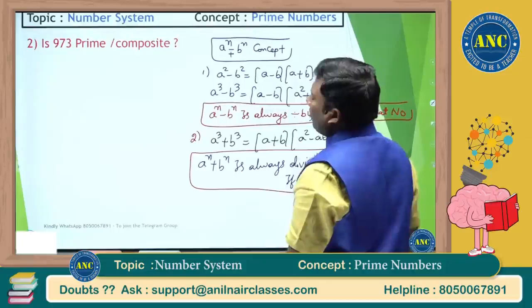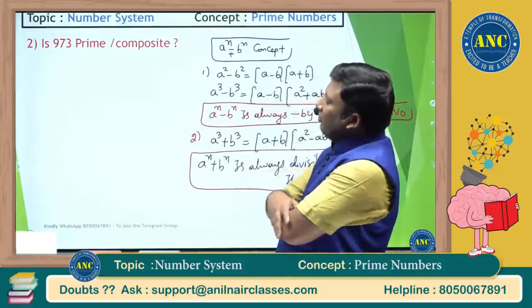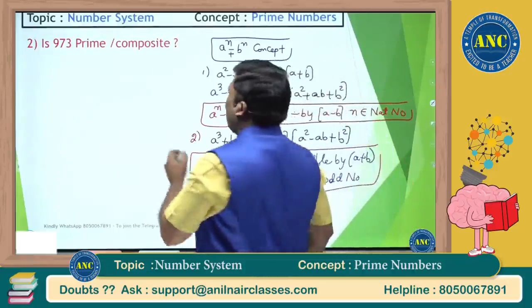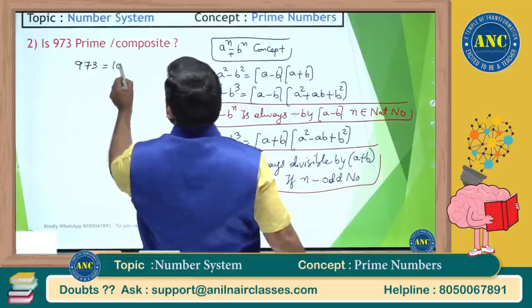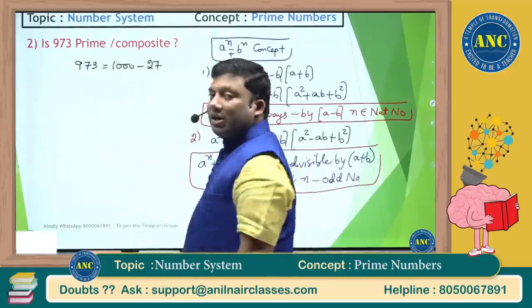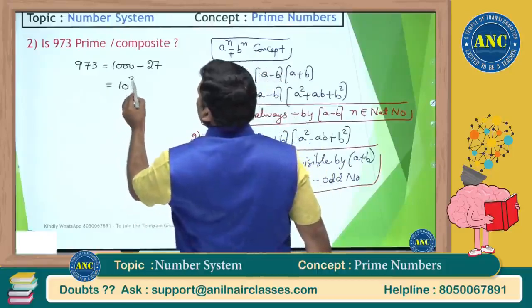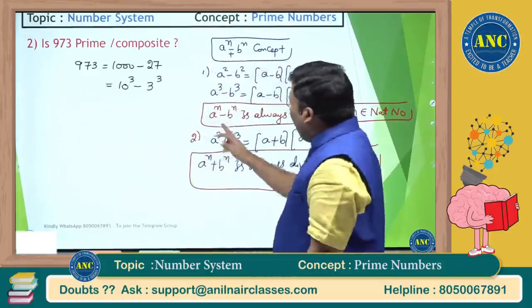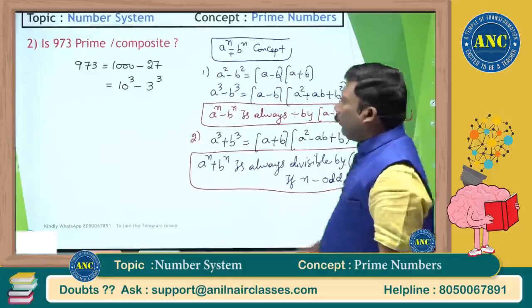Now see, how am I going to solve this question? E is 973. Prime or composite? The given number 973 is an odd number. Can I write 973 as 1000 − 27? Definitely yes. 1000 can be written as 10³ and 27 as 3³. aⁿ − bⁿ is always divisible by a − b.